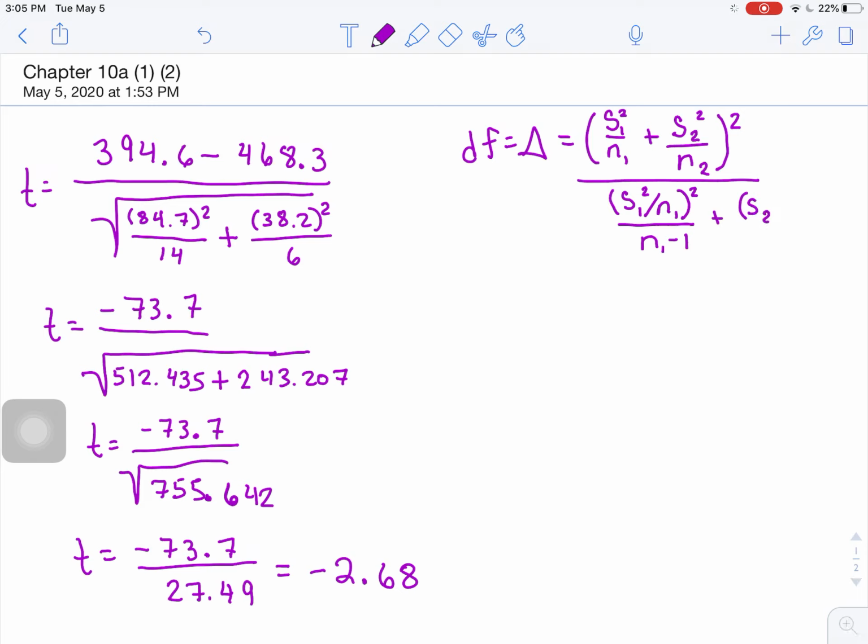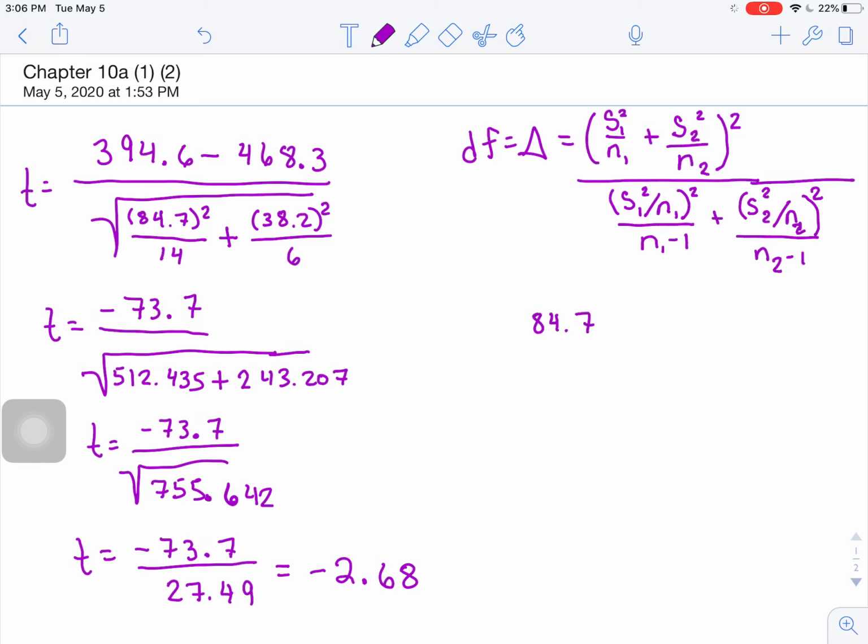We also are doing the sample standard deviation for sample 2 squared, all divided by the sample size of the second sample. We're squaring that whole thing, and it's all over the sample size for the second sample minus 1 as well.